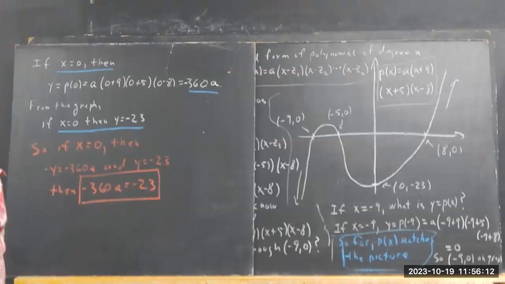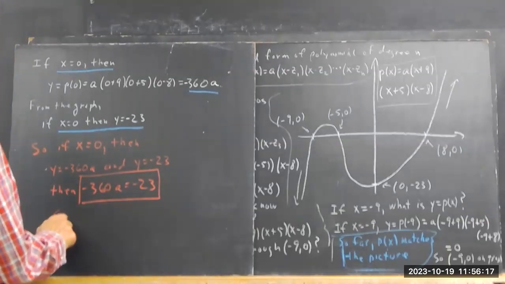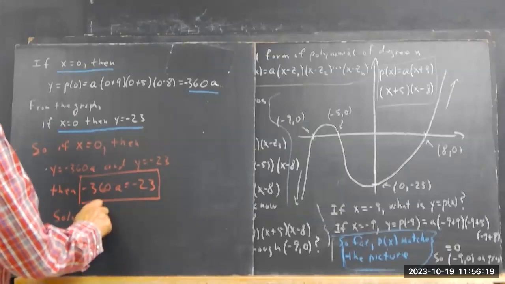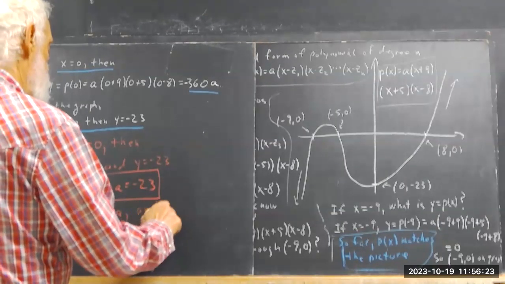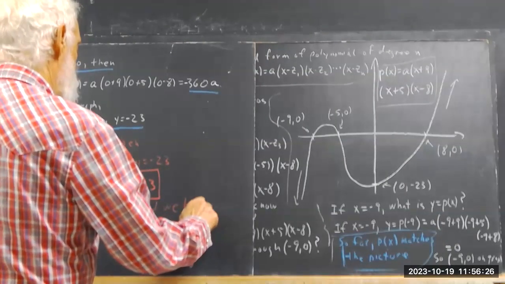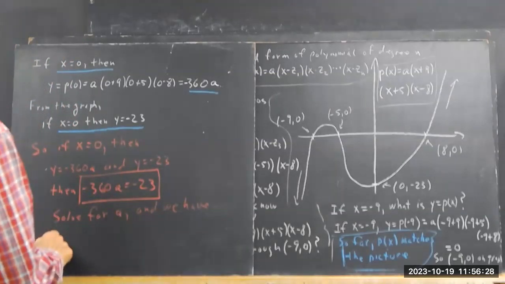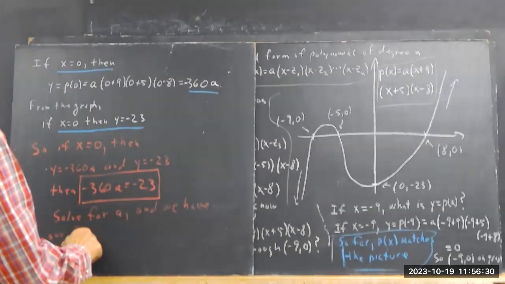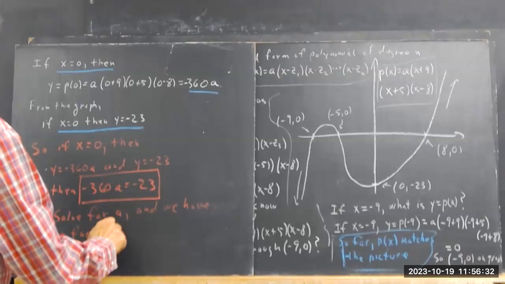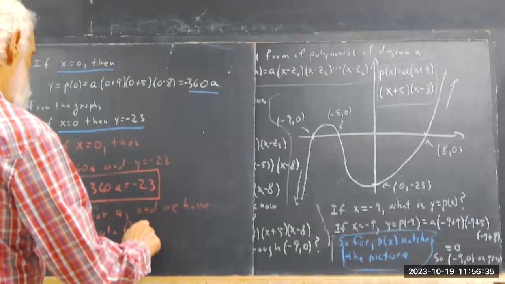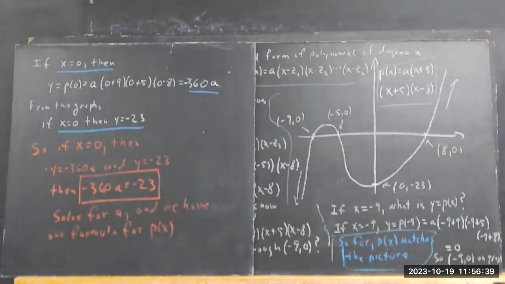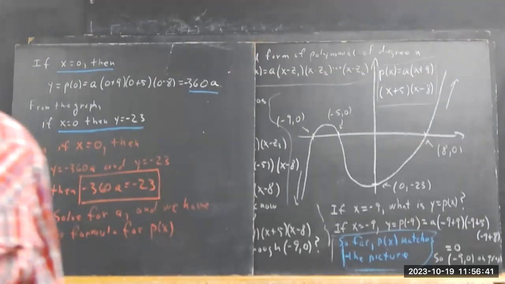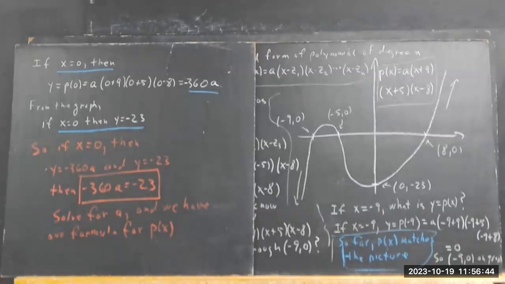Okay, anyhow, this can be solved for A, right? Solve this for A, we have our formula for P of x. Okay, so what do you get when you solve my equation for A?